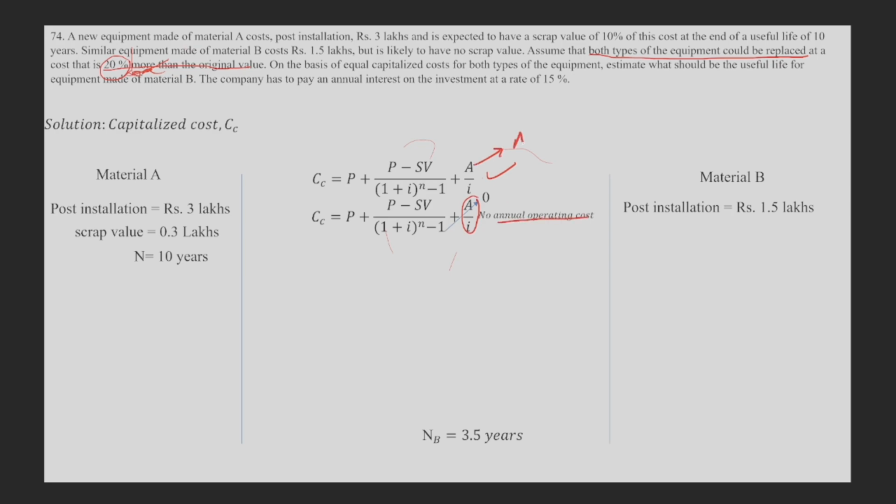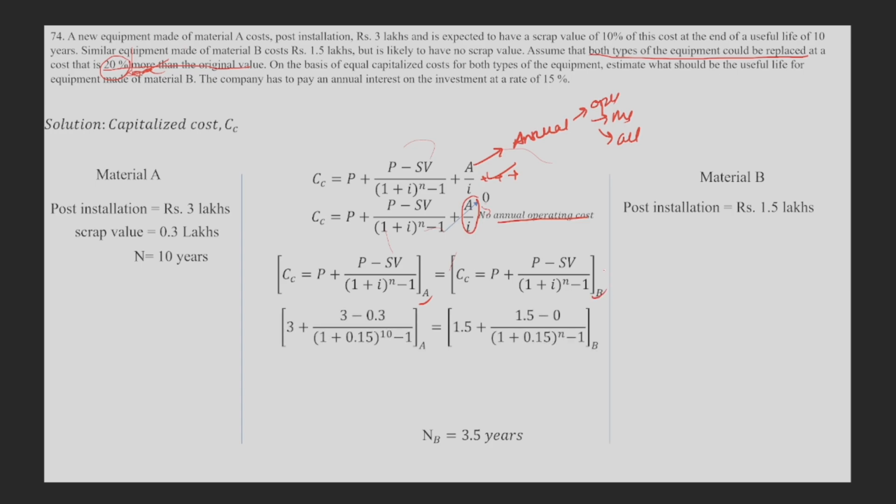A is for annual cost. Any annual cost, whether operation, maintenance, or some allowances, will be added. So no annual cost, so it will be zero. We are left with only this for material A and material B. We'll put all the values and solve, and we will get NB is equal to 3.5 years.